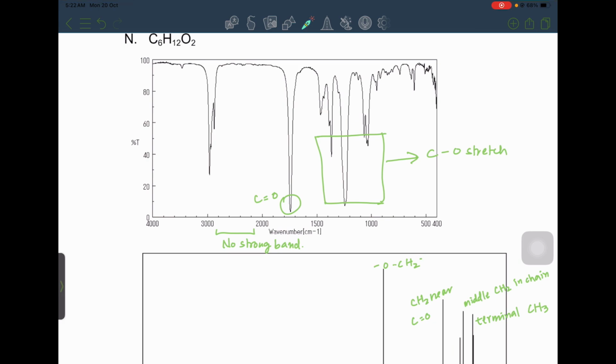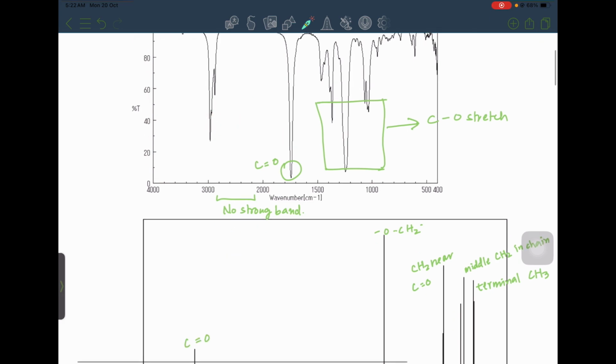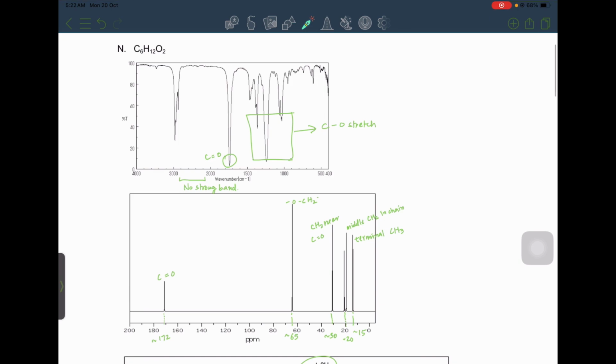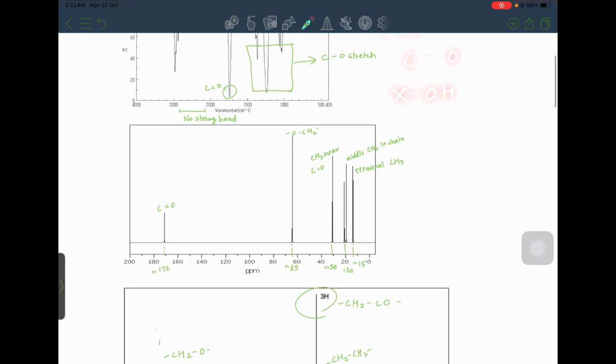It doesn't have an OH, so COOH is probably not the answer. Looking at the IR alone, it is a carbonyl, we know for sure, but it is not an OH group.